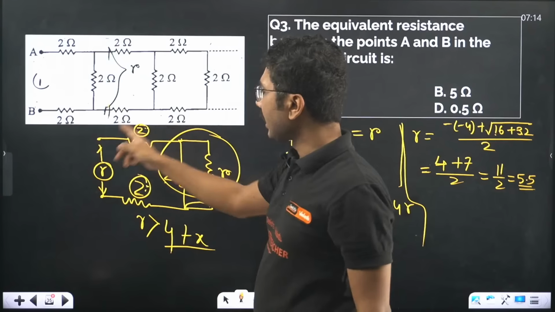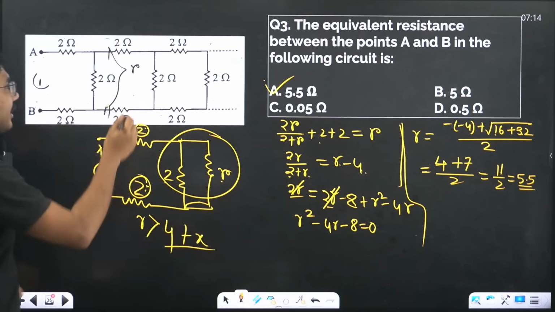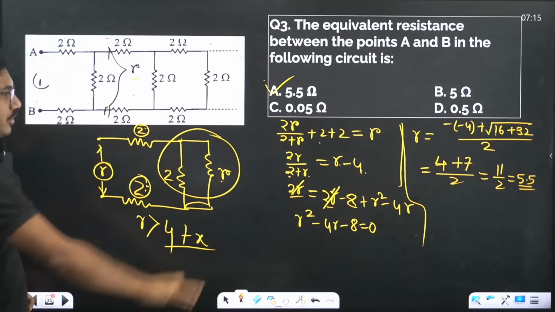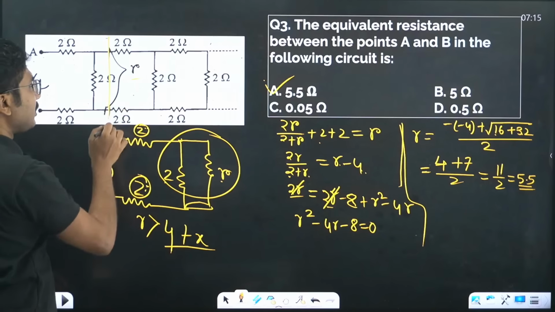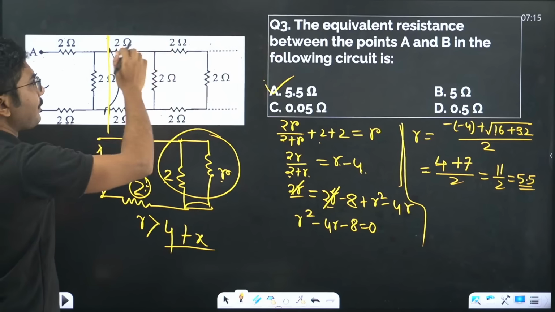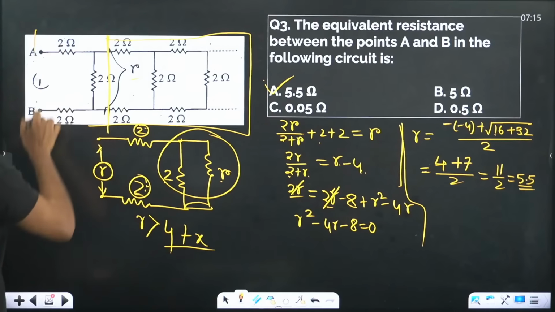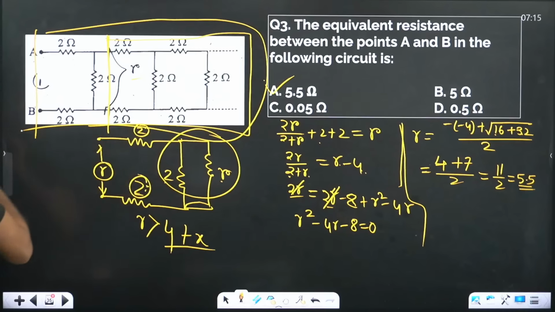So this was the symmetric point. If you cut it from here, you will see that the circuit looks the same. So this part should have the same resistance as the original entire superset.